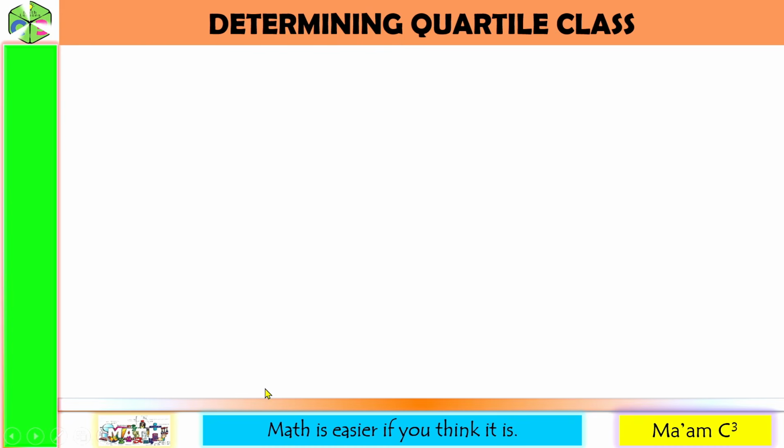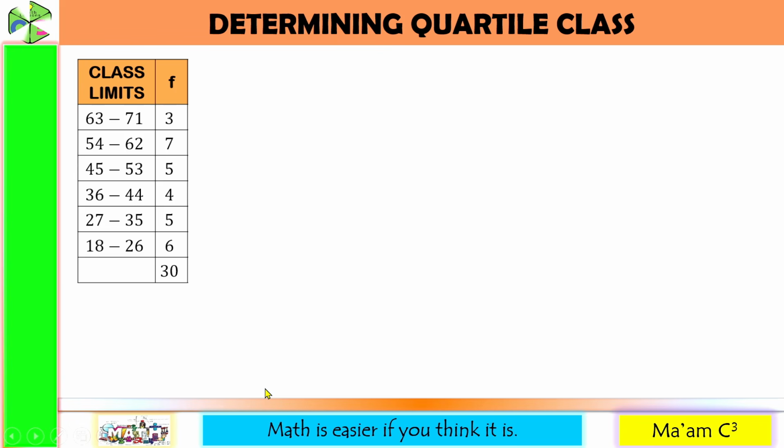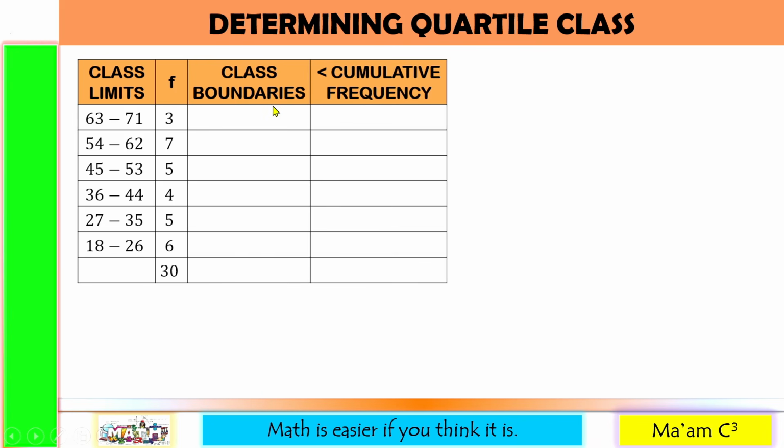Let us recall our frequency table. And now we are going to add some columns to this. We have the class boundaries and the less than cumulative frequency. For the class boundaries, again, you just have to subtract 0.5 from the lower limit and add 0.5 to the upper limit. So again, this is 62.5 to 71.5.